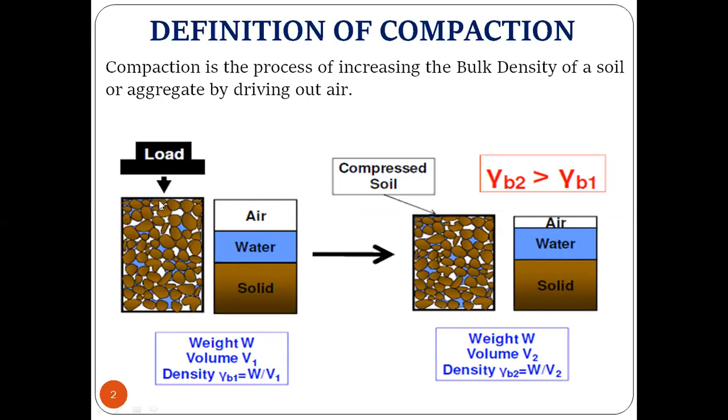The air will expel out. In the second figure, after compaction, the soil became denser. The air present in the first figure has expelled out, and you can see the quantity of air present is less now.